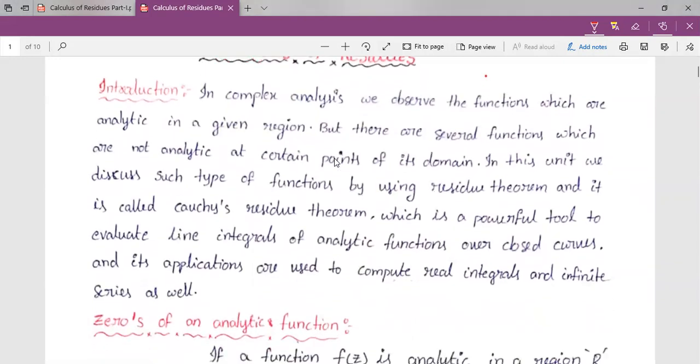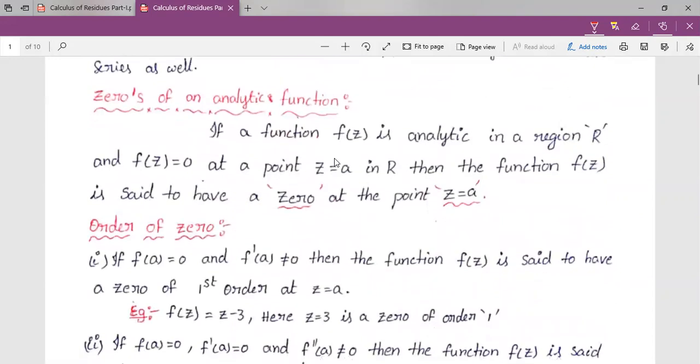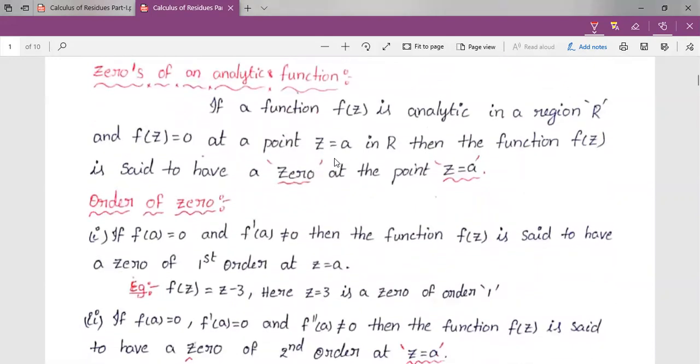Now we go for some definitions. The first one: zeros of an analytic function.